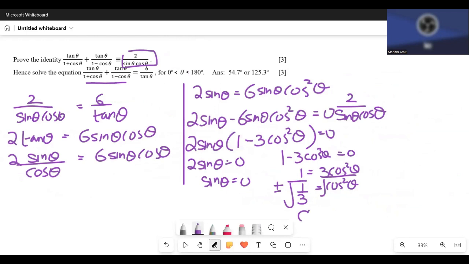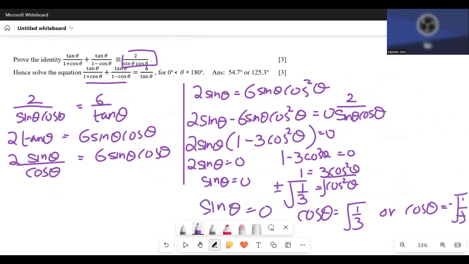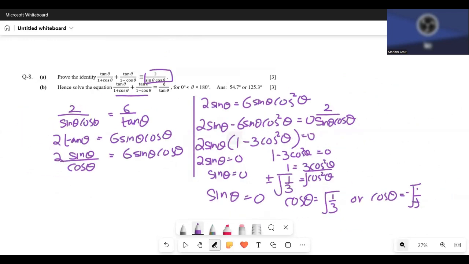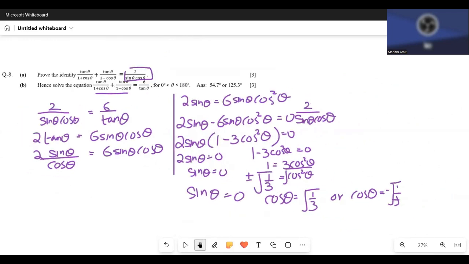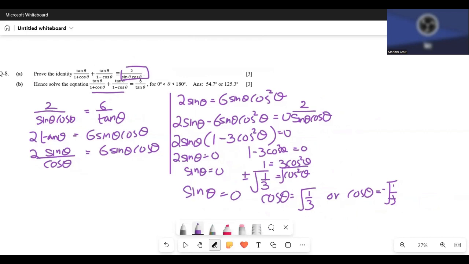So I have cos theta equals square root 1 over 3 or cos theta equals negative square root 1 over 3. And we also have sine theta equals 0. Now we solve all three of these equations within the given domain, which is 0 to 180.